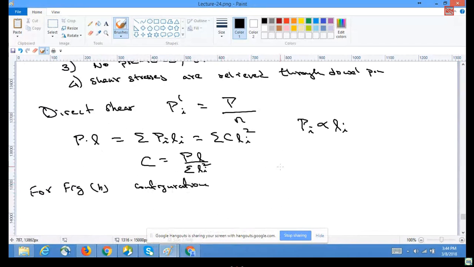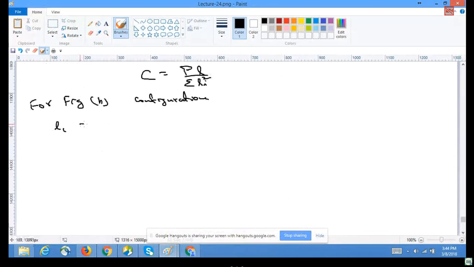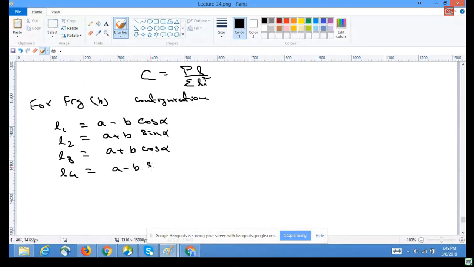the calculations of L1, L2, L3, L4 would be such that L1 is equal to A minus B cos alpha, L2 is equal to A plus B sin alpha, L3 is equal to A plus B cos alpha, L4 is equal to A minus B sin alpha, and our L1 square plus L2 square plus L3 square plus L4 square, no matter what, would always be equal to 4 times A square plus 2B square.